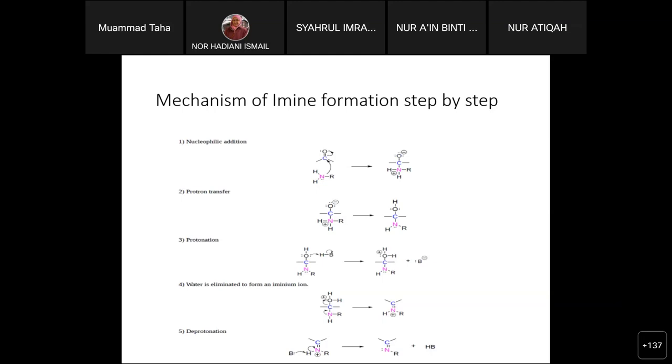If you can't do this, then your mechanism is not complete. Because the acid is a catalyst, it was used and it was recovered back. Catalyst is not taking part in the reaction, it is only facilitating the reaction. Understand? Okay, Imran, go to the next slide.